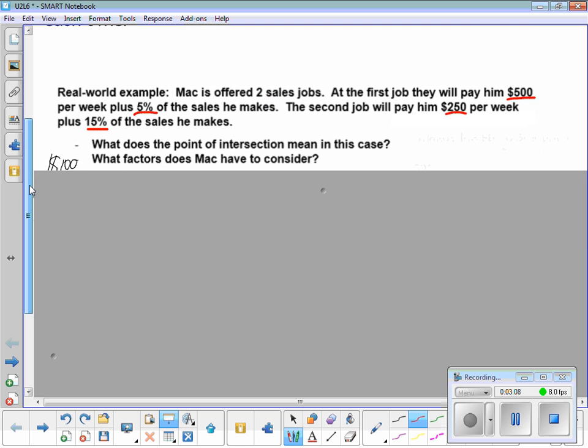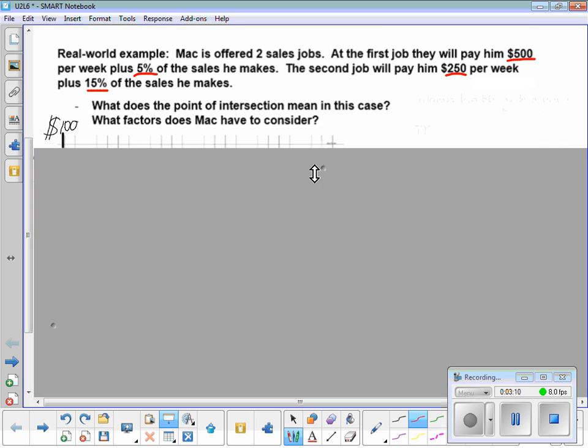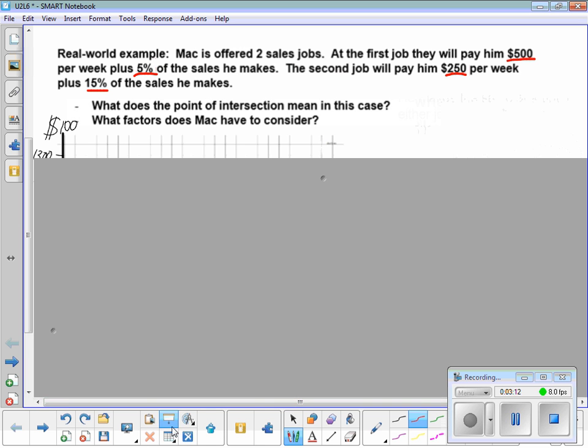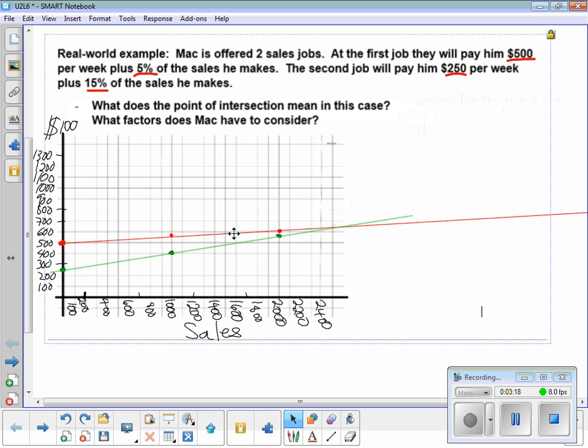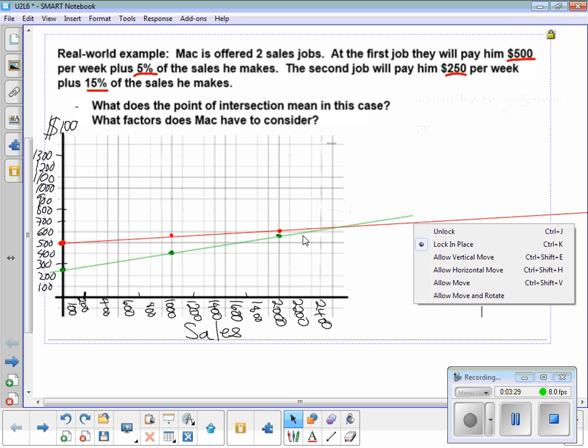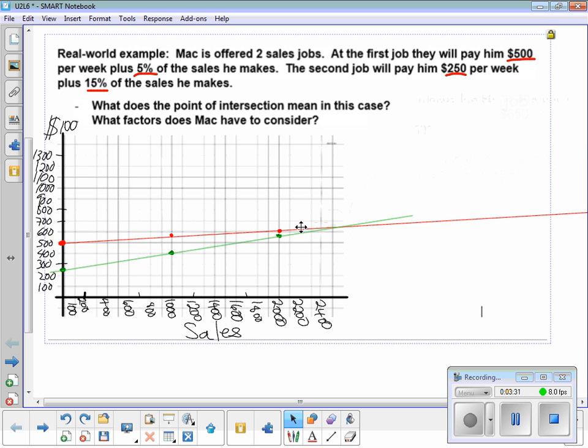So one of the hardest parts about graphing is coming up with the actual axes, like what numbers to use. Now, you can see I've already added the lines, but I actually am going to get rid of them in a second.